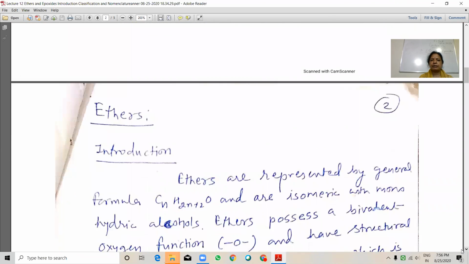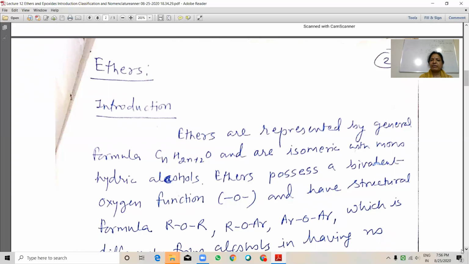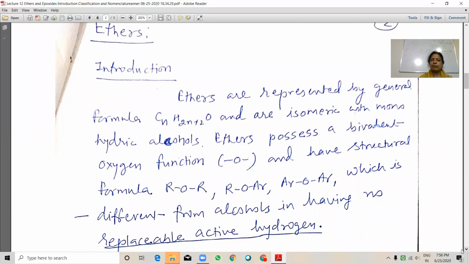Ethers, introduction. Ethers are represented by the general formula CnH2n+2O and are isomeric with monohydric alcohols. Ethers possess a bivalent oxygen function and have the structural formula ROR, ROAr meaning aromatic, ArOAr, which is different from alcohol in having no replaceable active hydrogen.